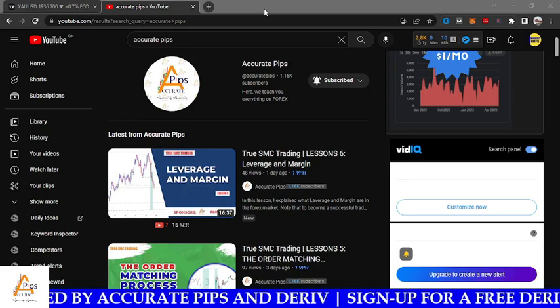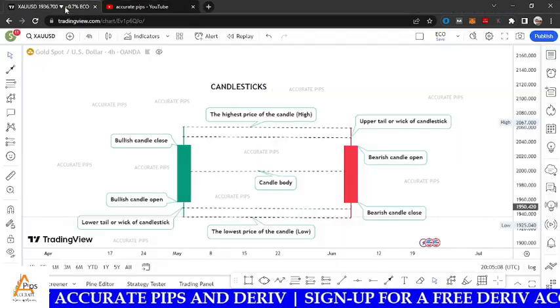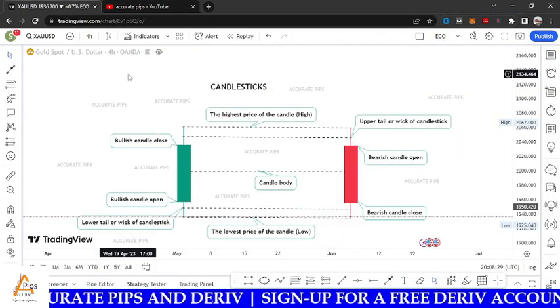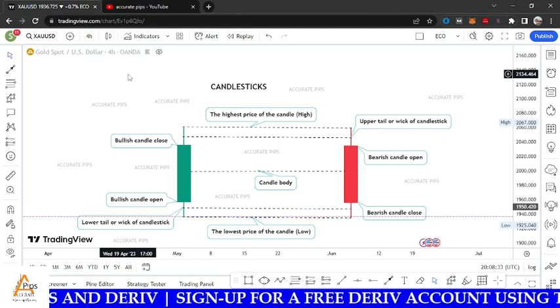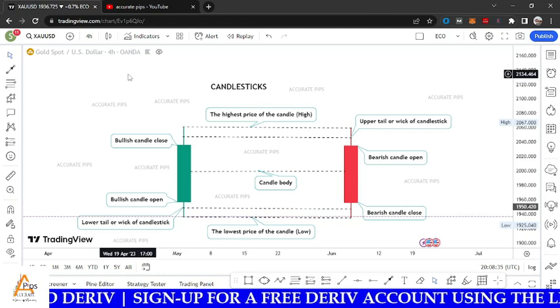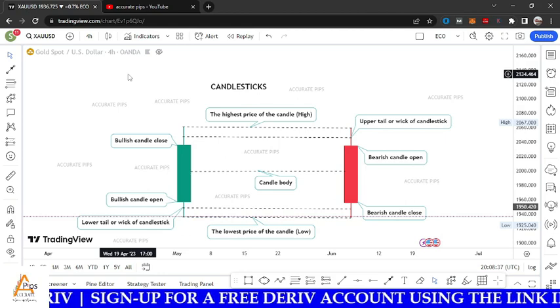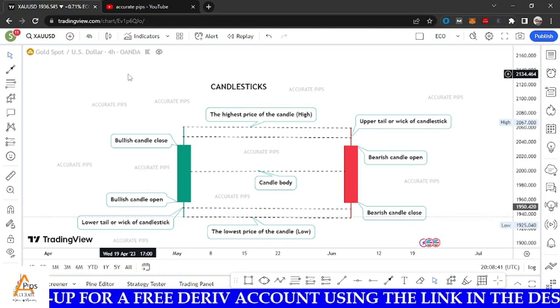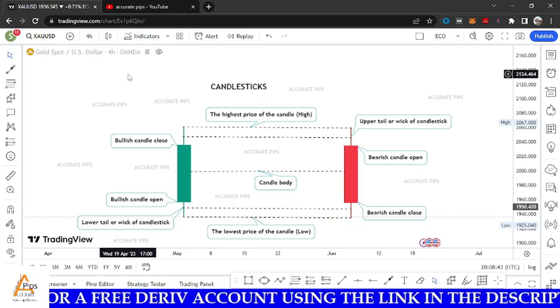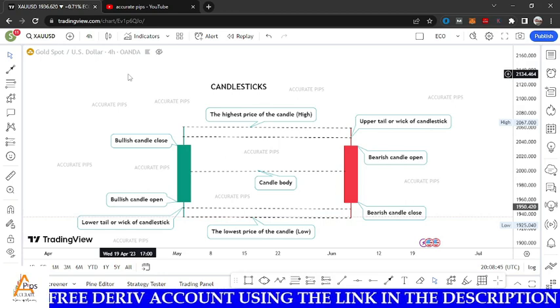So now let's get into today's lesson. As I said, we are looking at the candlesticks today, and in the beginning of the video I said that we use the candlesticks to interpret price movement and information quickly and from just a few price bars.